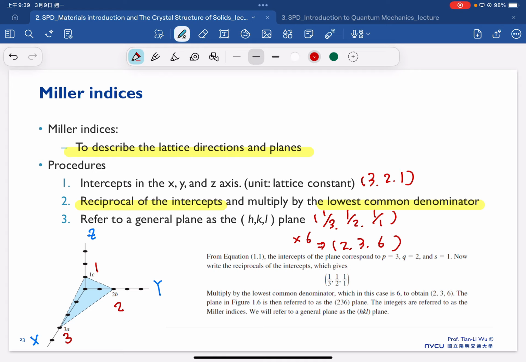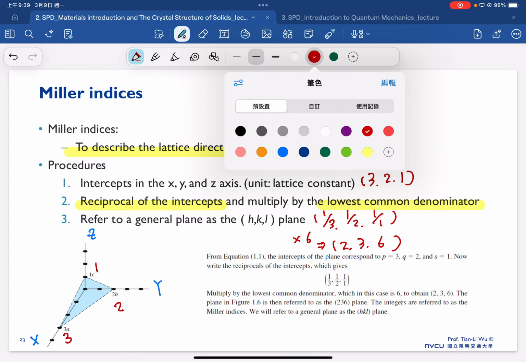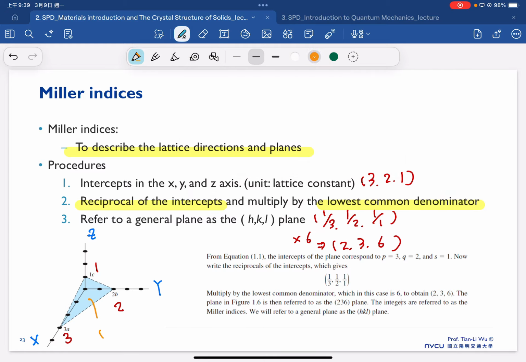These 2, 3, 6 refer to the plane indicated here. So that's the Miller index for this particular plane, which we name the (2, 3, 6) plane.